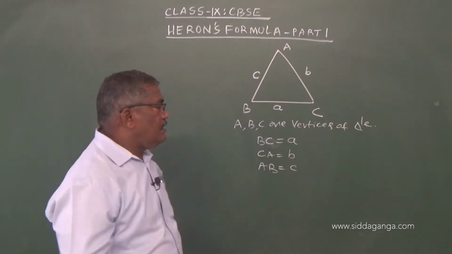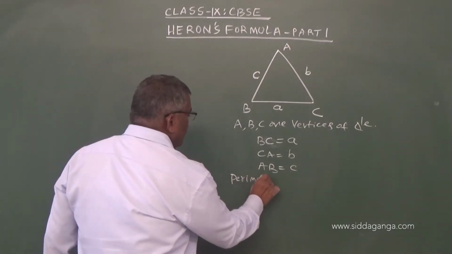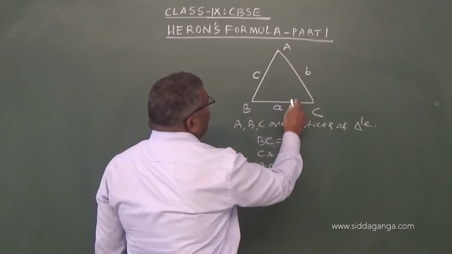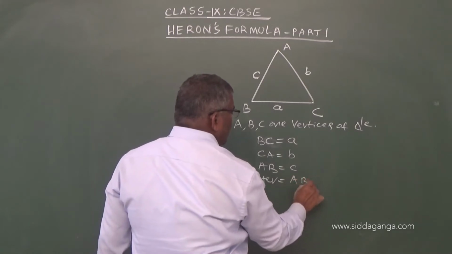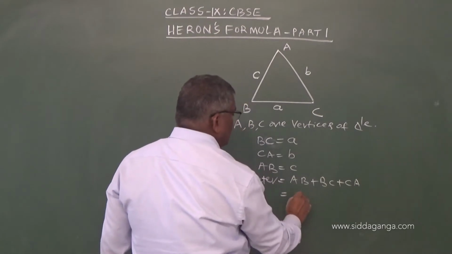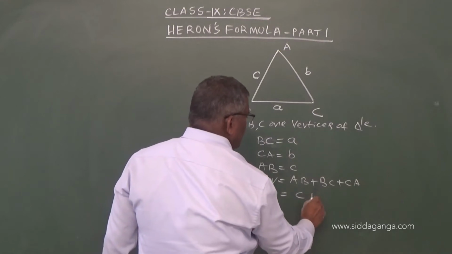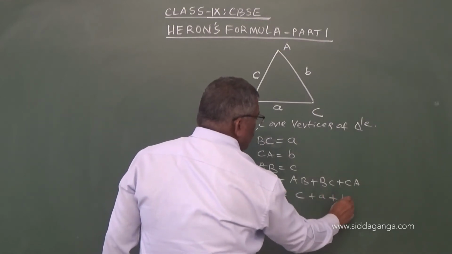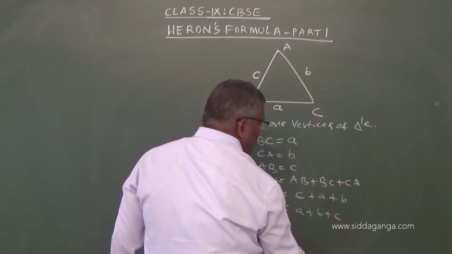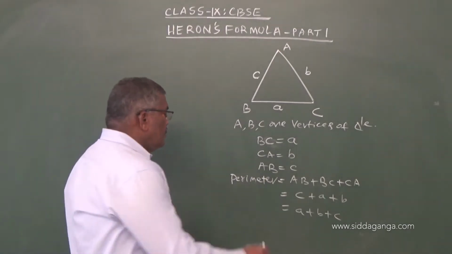AB is small c, BC is small a and CA is small b, so I will write this as a plus b plus c. This is the perimeter.